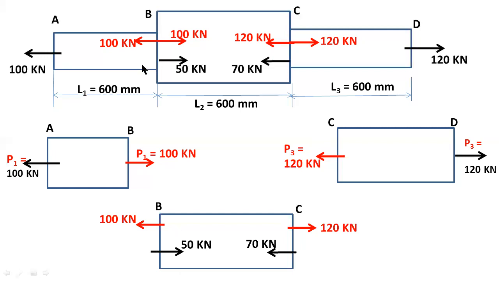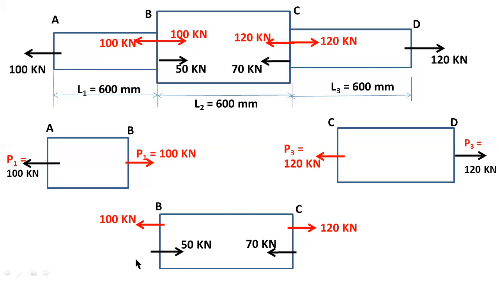The remaining loads at end B are, on the right side 50 and on the left side 100. The left side 100 kilonewtons is a tensile load, so you have to consider a positive sign, and this 50 kilonewtons load is a compressive load, so you have to consider a negative sign.